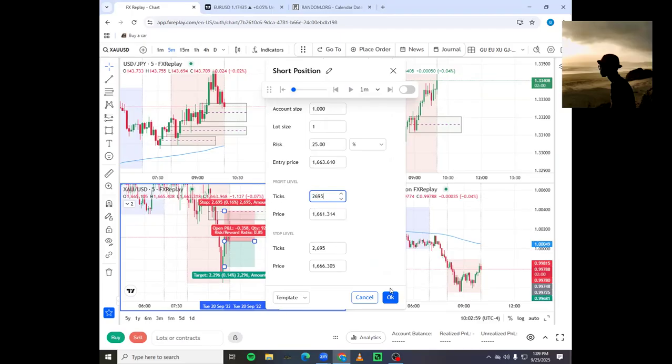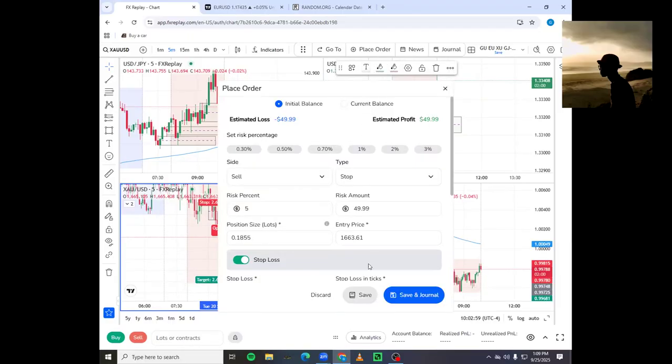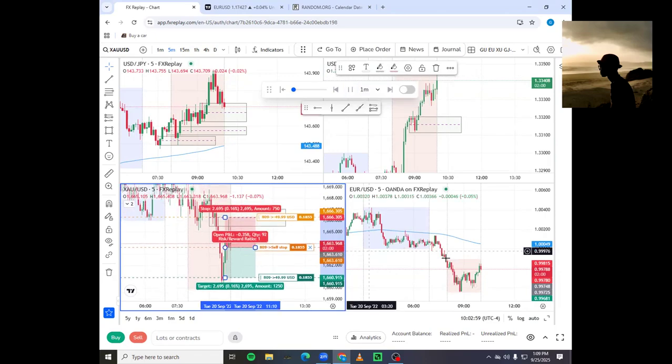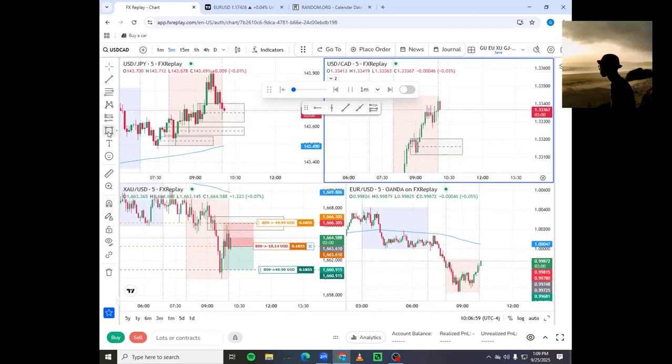So that's a 1:1. Then place order on gold. And then we just leave it running whilst we're waiting for other setups.